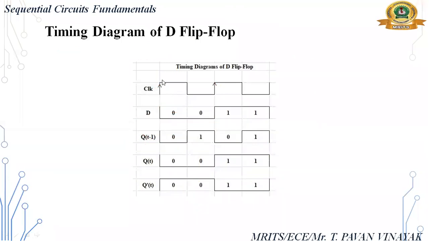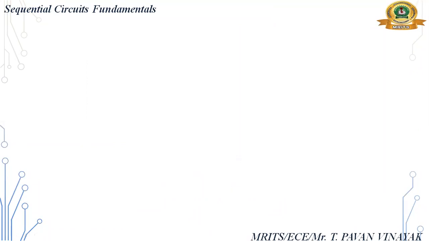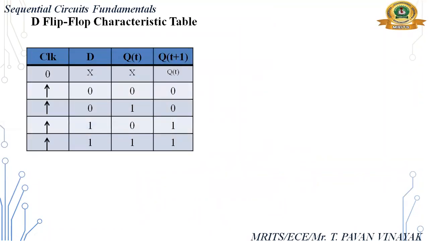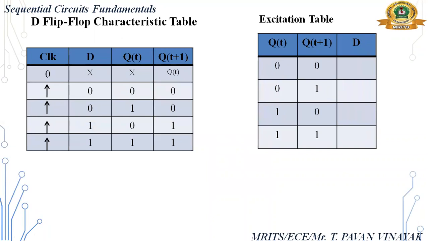Next, before entering into T flip-flop, I am writing the excitation table of D flip-flop. Q of t, Q of t plus 1: 0, 0 means D is 0, so write D as 0. Next 0, 1: 0, 1 appears here, so D will be 1.